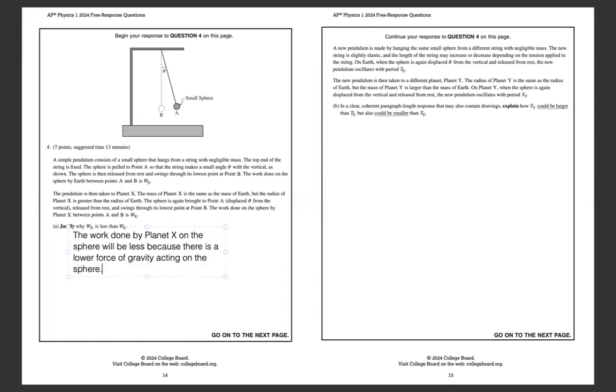on the sphere. I'm actually going to revise that. I'm just going to call it gravitational force acting on the sphere. This is because planet X has a greater radius. So the gravitational field at the surface is smaller.